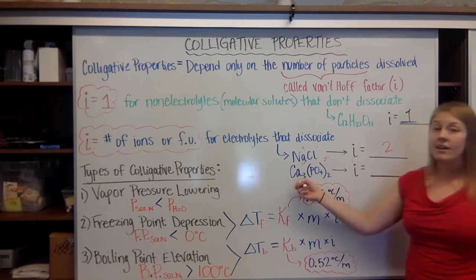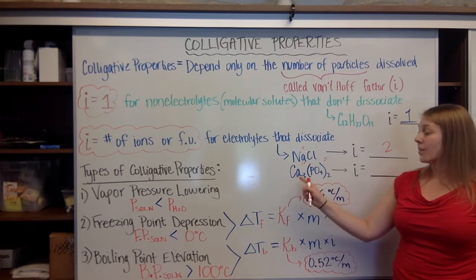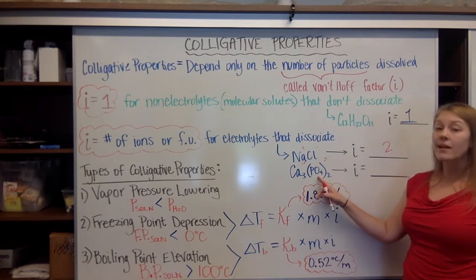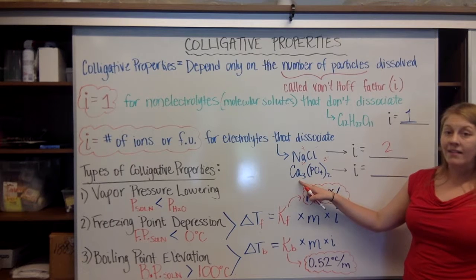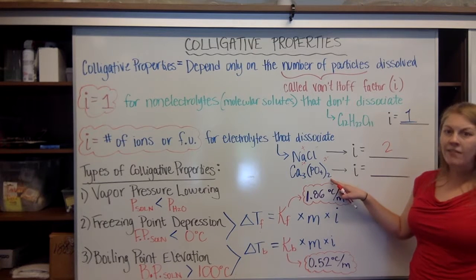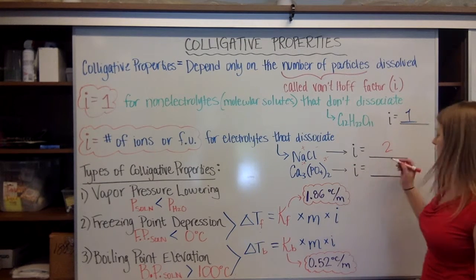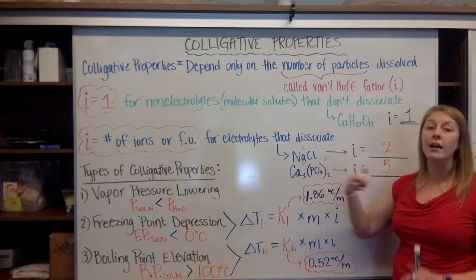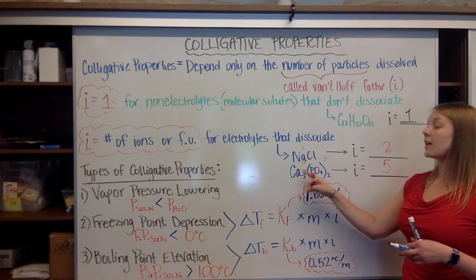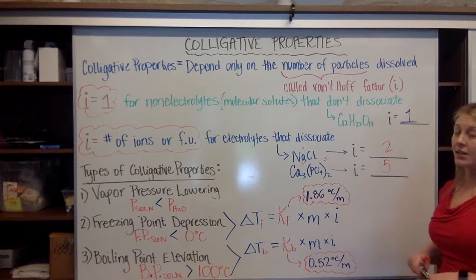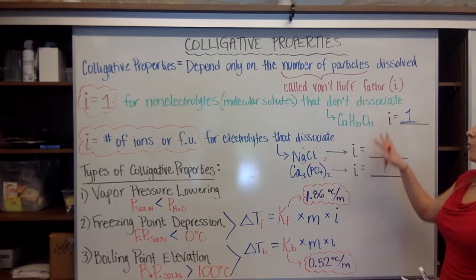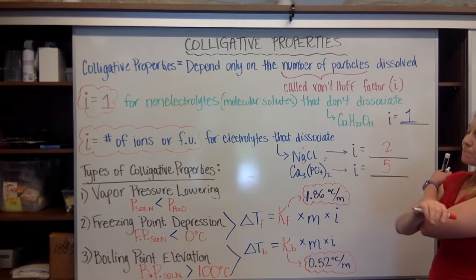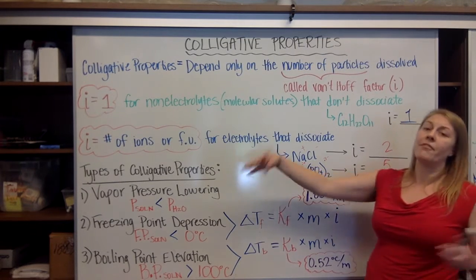But what's important here is that this is in solution. It's going to break up into the calcium ions and the phosphate ions. 3 calcium ions, 2 phosphate ions, 3 plus 2, i equals 5. So we're just counting the number of ions or formula units that the solute will break up into or dissociate into.